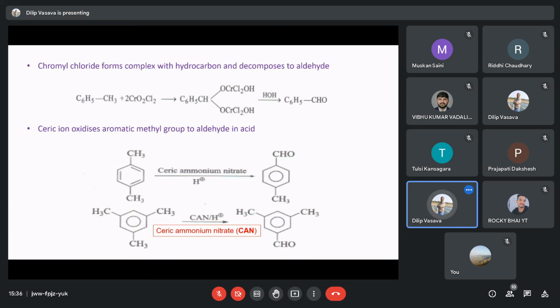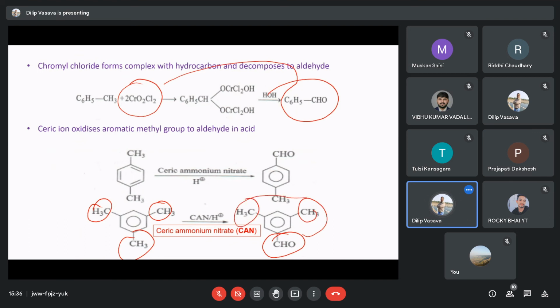Another one is CrO2Cl2, which is utilized for oxidation, and that also gives the oxidized product, the aldehyde. As we have discussed, this is oxidized in the presence of many substituents. So this is the specific application of CAN, where any one alkyl group is oxidized to the aldehyde group and later another one is oxidized.